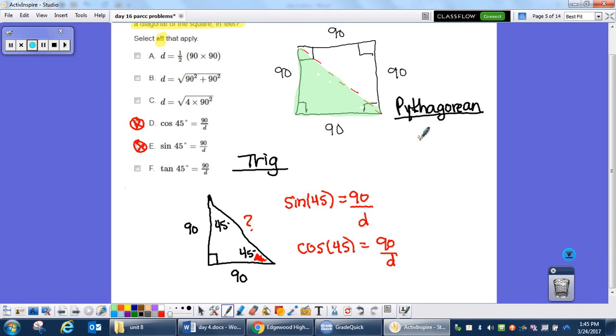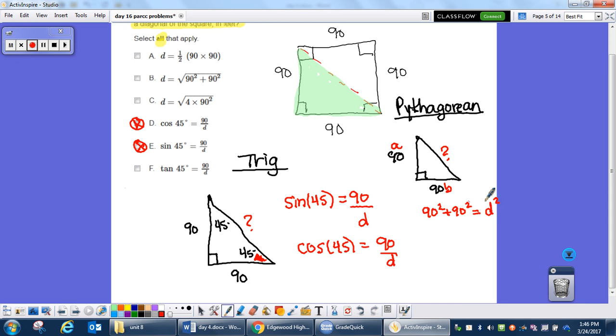So again, if you just pulled the triangle out, okay, you have 90, so you would be finding the hypotenuse of the triangle, so you would have to do 90 squared plus 90 squared equals b squared, because those are the sides, so we have an A and we have a B. Okay? If we wanted to solve, I'm sorry, I shouldn't have put b squared. I should have put d squared, because that represents the diagonal.